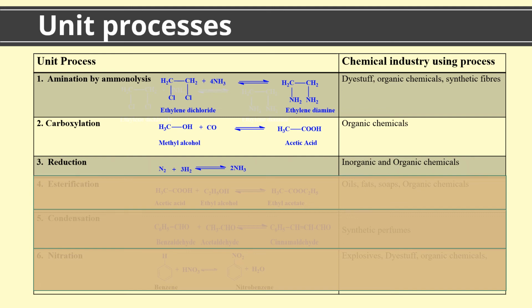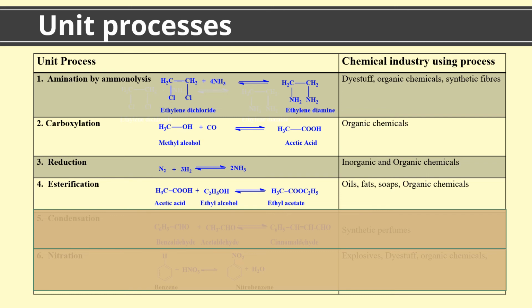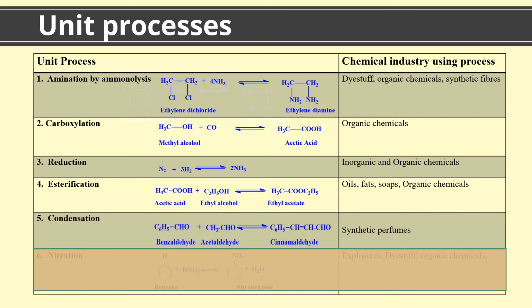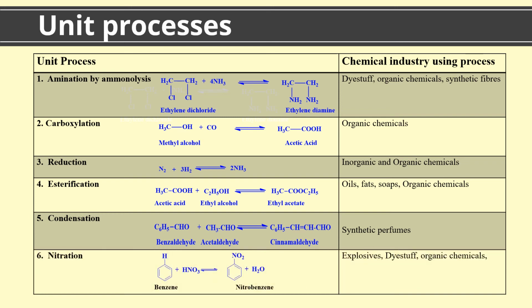Reduction, inorganic and organic chemical industry. Esterification, oils, fats, soap, organic chemical industry. Condensation, synthetic perfumes. Nitration, explosives and dyestuff, organic chemicals. So these are some chemical reactions which are called unit processes, and we have seen which chemical industries are using these.